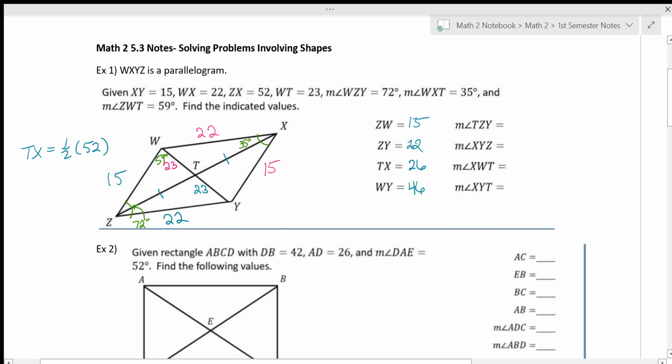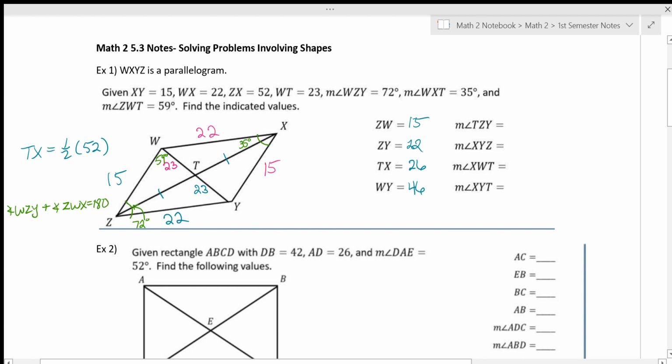We also know that consecutive angles are supplementary. So WZY is 72 degrees. WZY plus angle ZWX is 180 degrees. They are supplementary.